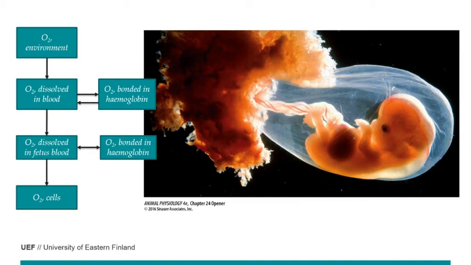And when it's dissolved in the fetus blood, then it can go by diffusion to the cell. And we have learned that in all these steps, the partial pressure of oxygen must be lower. Otherwise, the oxygen is not moving in that direction.